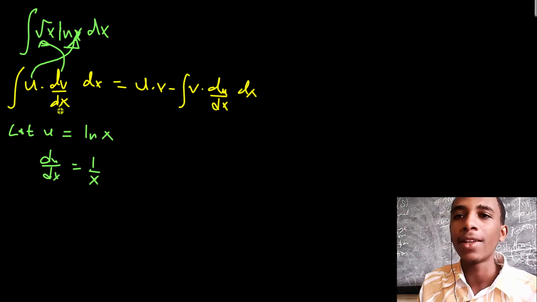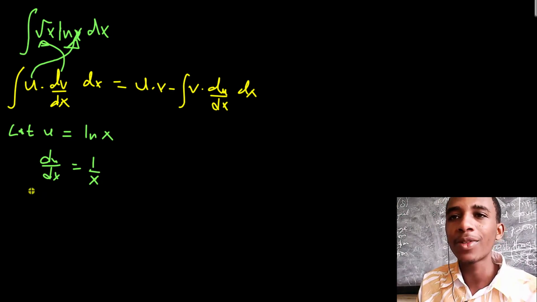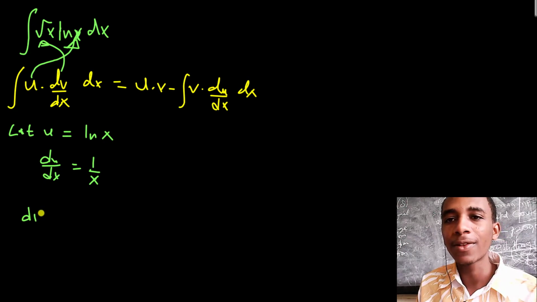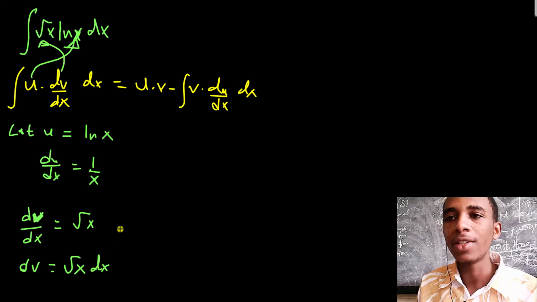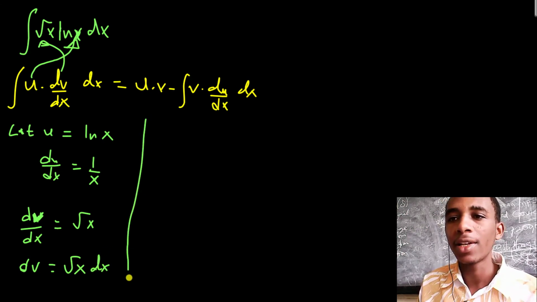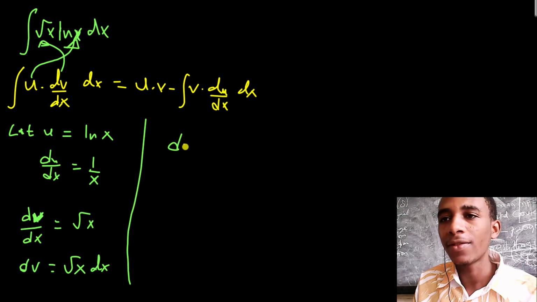And then by virtue of this, we also know that dv over dx is the square root of x. If I can just separate variables here, dv equals square root of x dx.